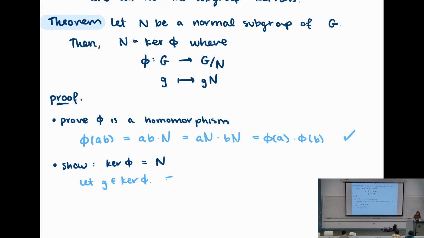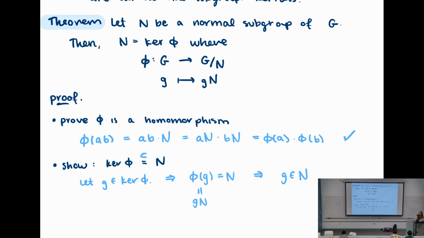This implies that when I apply phi to G, I get the identity in G mod N, which is equal to N. But what is phi of G? This is GN. And then by coset properties, we have that GN is equal to N, which implies that G is an element of N. Okay, so that proves one inclusion.